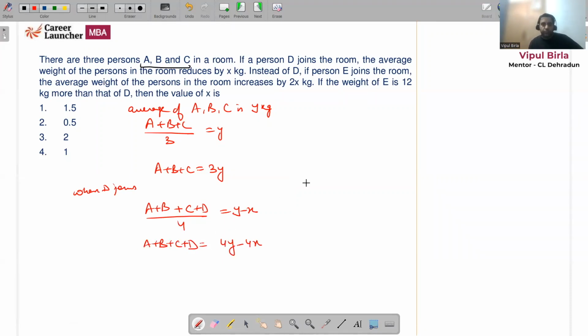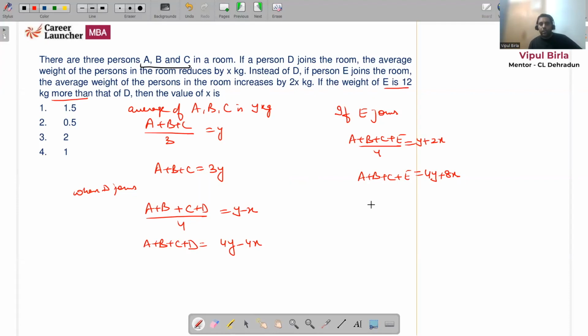While if E joins, then A plus B plus C plus E by 4 is equal to Y plus 2X. So therefore, A plus B plus C plus E is equal to 4Y plus 8X. And the difference between A plus B plus C plus D and A plus B plus C plus E is 12, as they mentioned that the weight of E is 12 kg more than that.